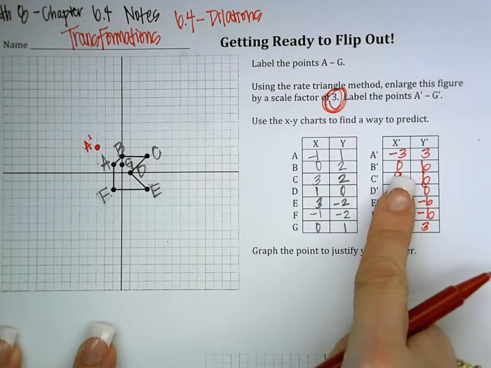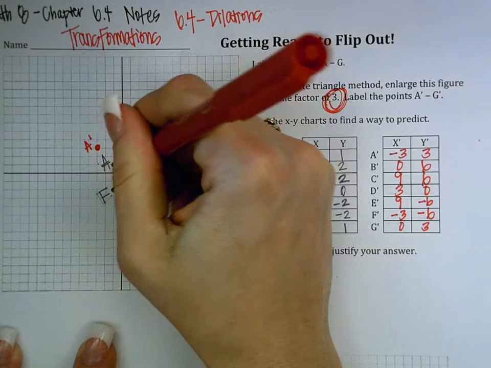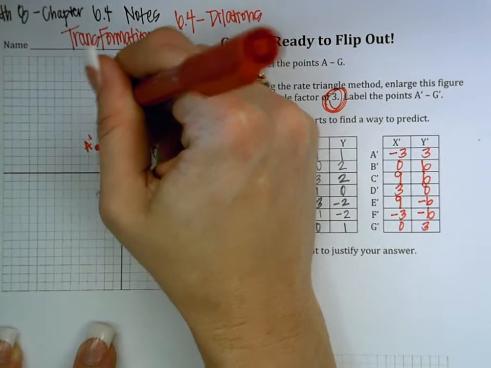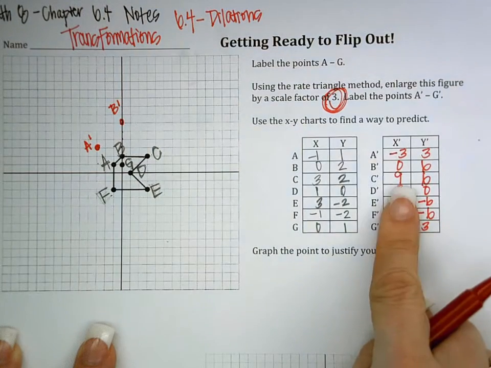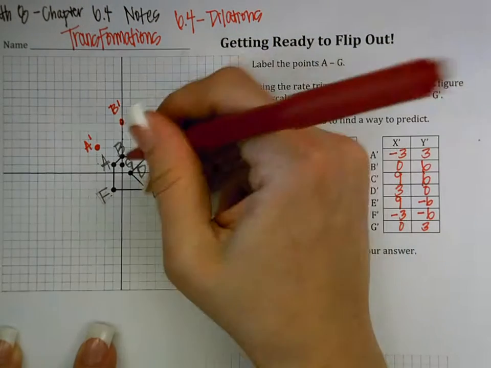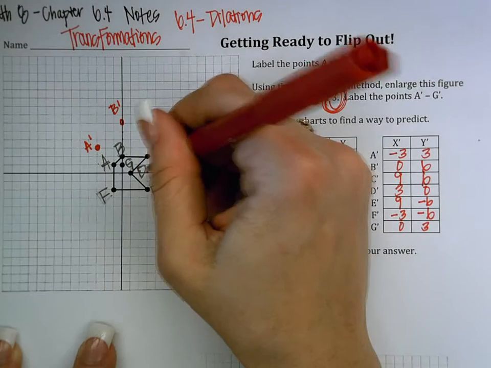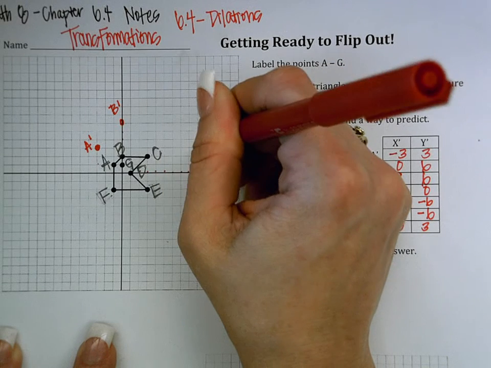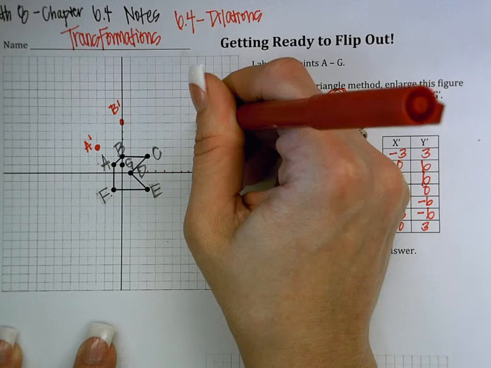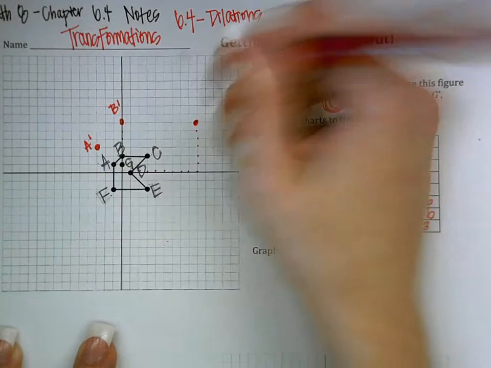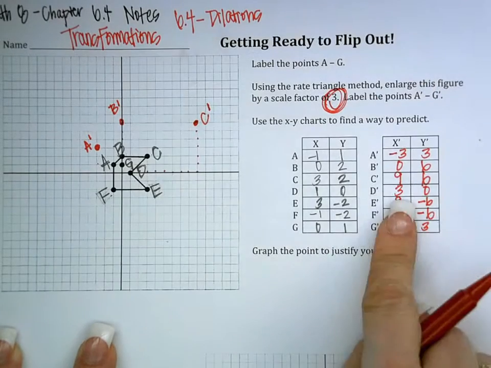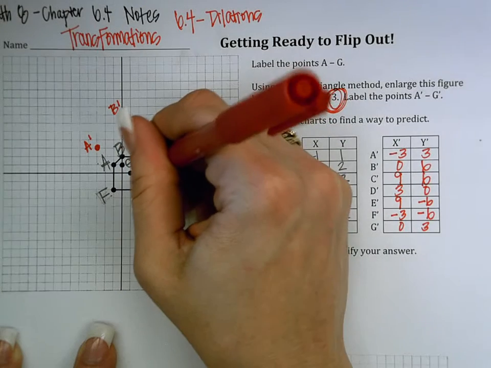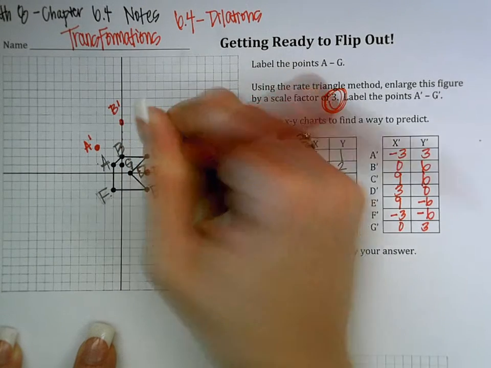Label it. B is at over 0, up 6. So 1, 2, 3, 4, 5, 6. That's B prime. C prime is over 9, up 6. So to the right, 1, 2, 3, 4, 5, 6, 7, 8, 9, and up 6. That's your C prime. D is at over 3, up 0. That's D prime.